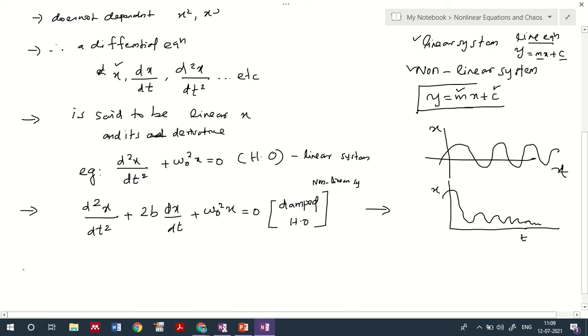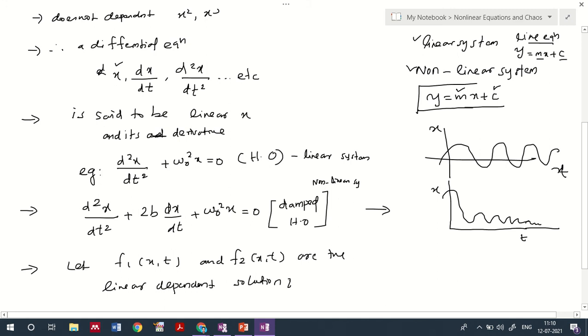Now let me say that f1 of x(t) and f2 of x(t) are two linearly independent solutions for any linear system, okay.